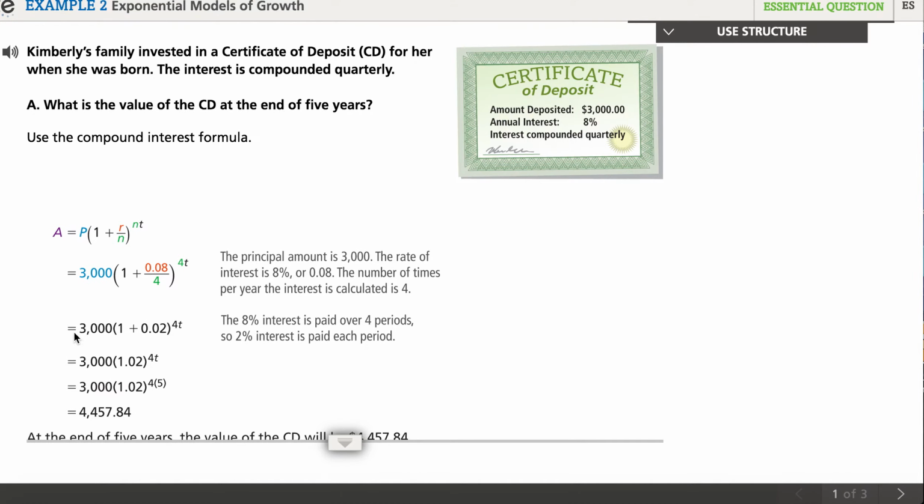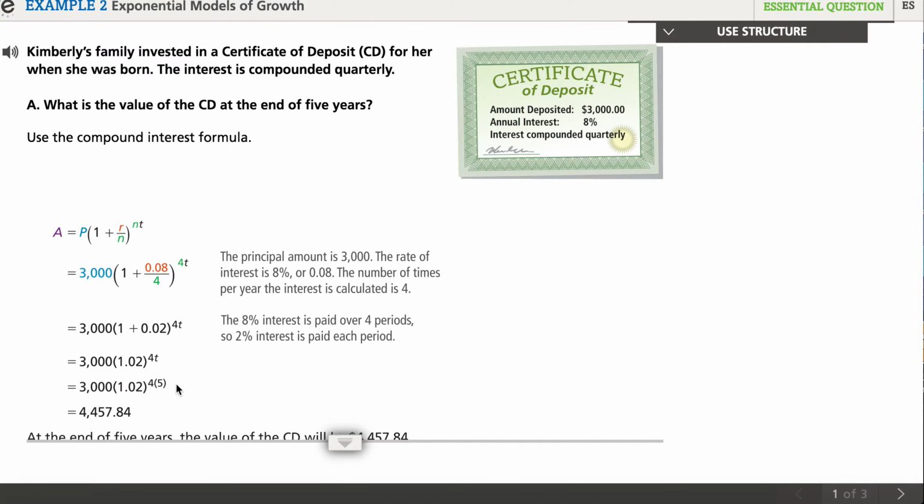Now here, 3,000 times 1 plus, when we divide 0.08 by 4, it's 0.02, to the power of 4 times t. In this case, they're asking us for the years. What is the value of the CD at the end of 5 years? We do have this variable given, 5 years, so 4 times 5.